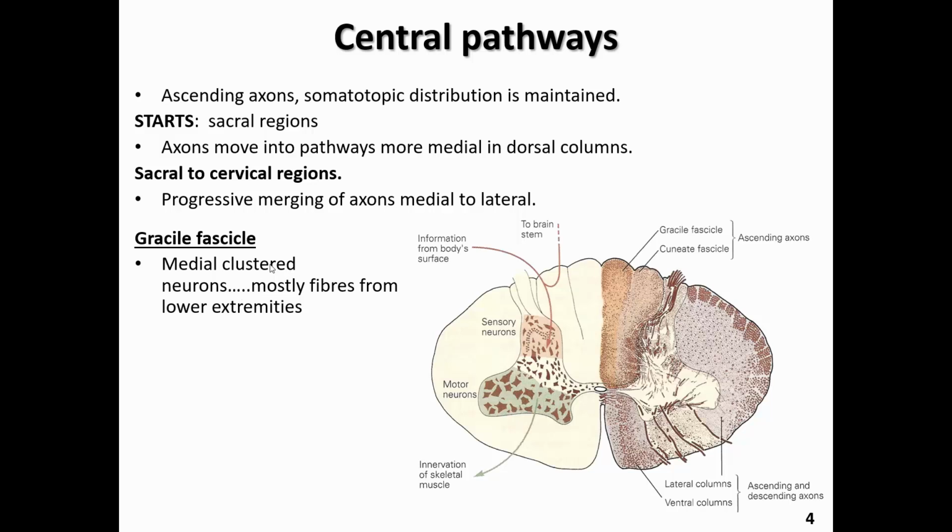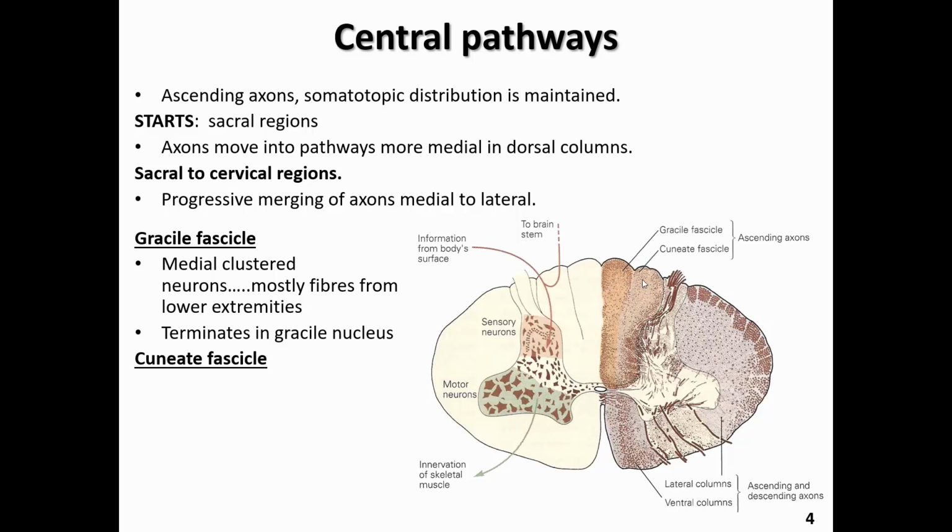that are clustered medially, as you can see in this picture. And these contain mostly fibers from the lower extremities, and that's where that information is transmitted to higher levels. And it terminates in a cluster of neurons up towards the brain.